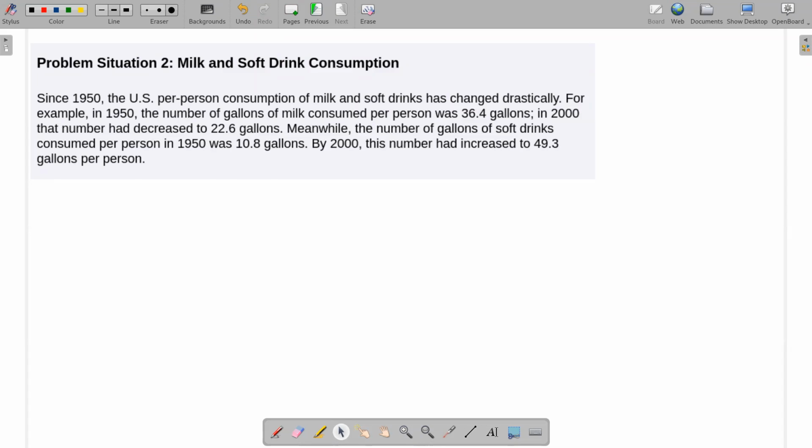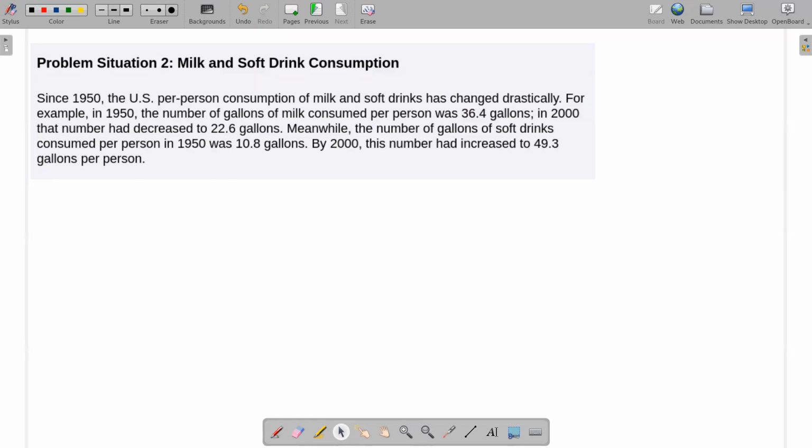In 2000, the number had decreased to only 22 gallons per person per year. Meanwhile, the number of gallons of soft drinks consumed per person in 1950 was 10.8 gallons, much lower than the milk people were consuming per person back then. But in the year 2000, it jumped up to 49.3 gallons per person. Whoa, per year. It's a lot of soft drinks.